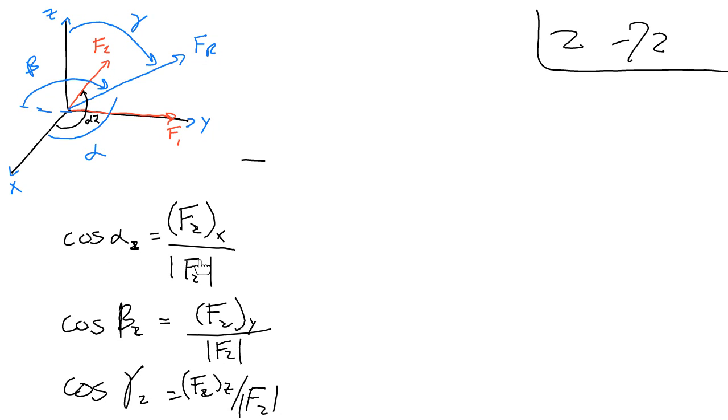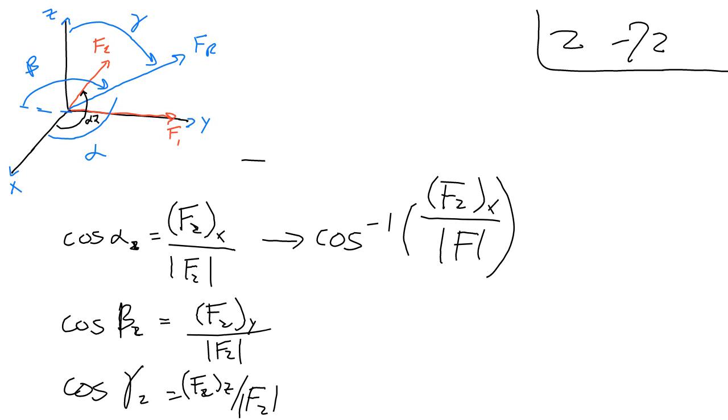And now by just doing inverse cosine, right, inverse cosine of that equals alpha 2, and so on and so on.